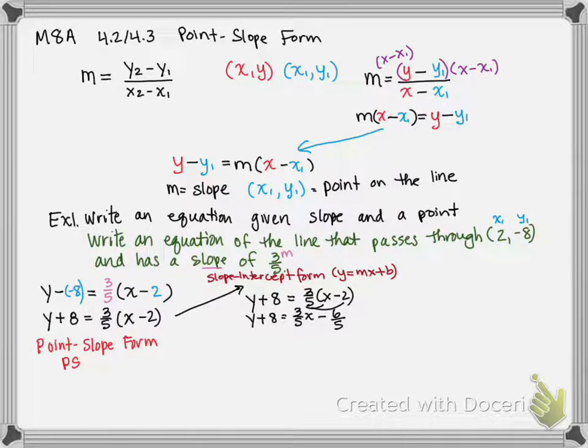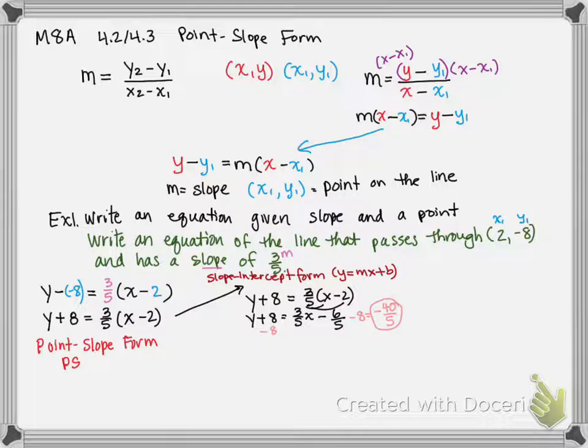And then all I'm going to do here is subtract 8 from both sides. But to subtract 8, I'm going to change it into a fraction with 5 in the denominator. So that would be 40, because 40 divided by 5 is 8. So I have a negative 6/5 and a negative 40/5.